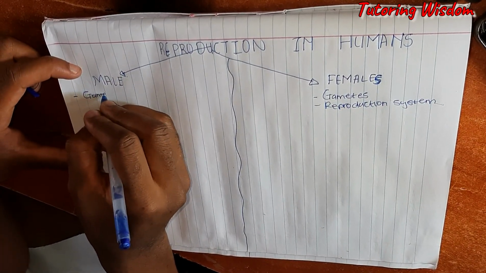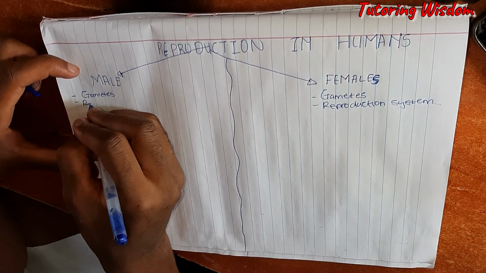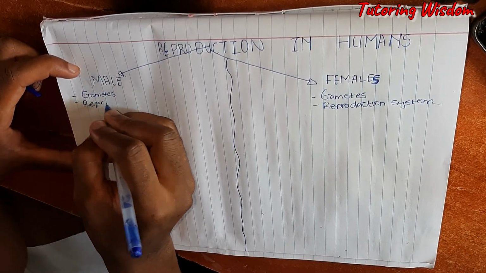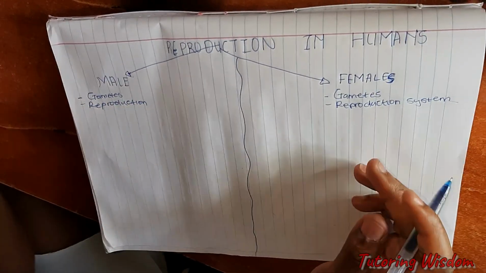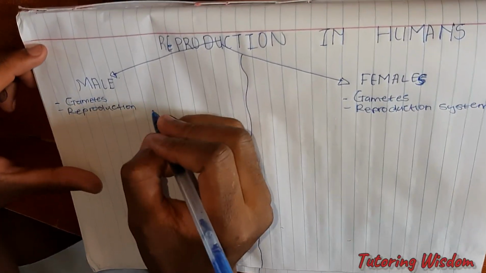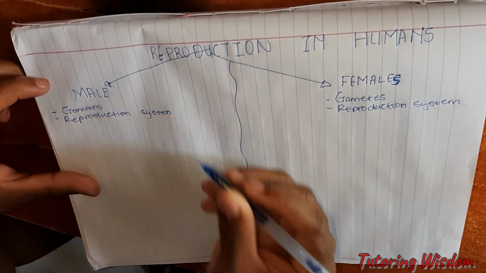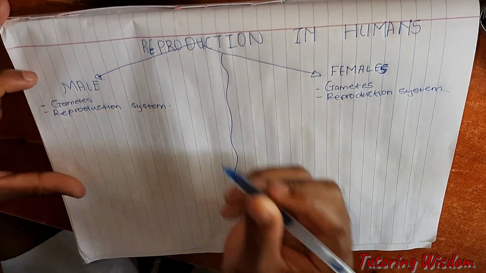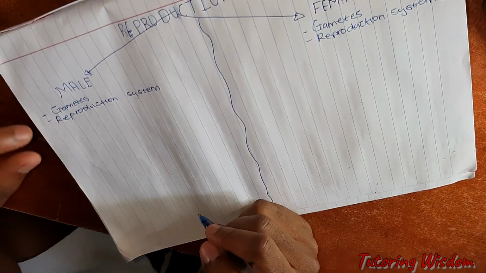So there are parts of the male reproduction system and parts of the female reproduction system. That's what we are going to be looking at. We are going to start first with the male reproduction system.